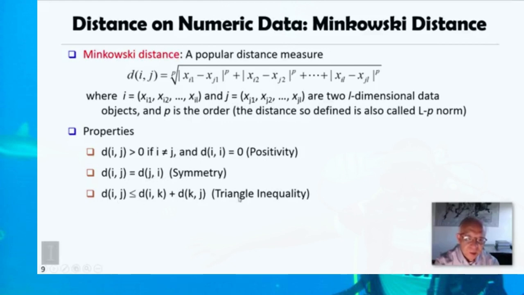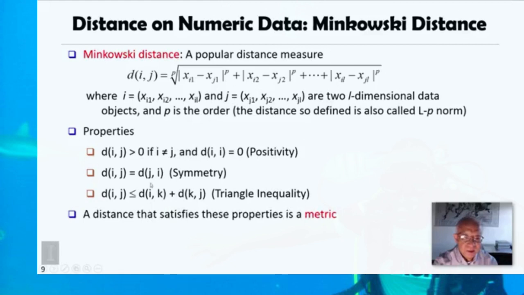The third one, called triangular inequality, means that for the distance between i and j, if you go through k, that means you go first to k, then from k to j, that distance should be greater than or equal to going directly from i to j. A distance measure that satisfies these three properties is called a metric distance.